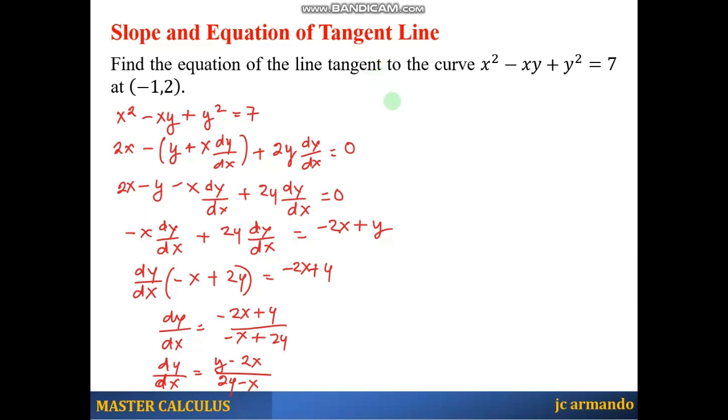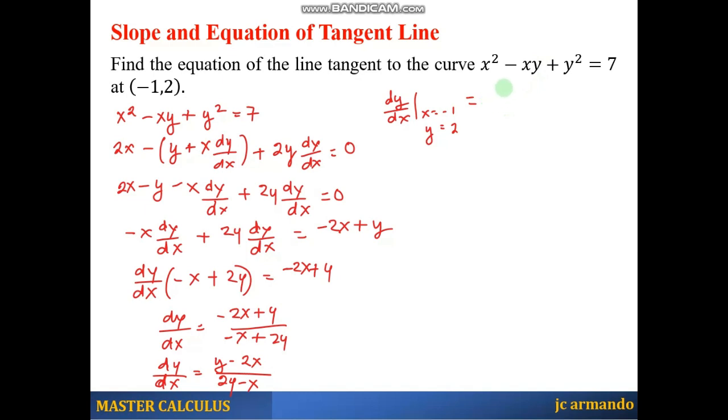So, ang slope is just dy dx at x equals negative 1. So, ang x-coordinate kasi is negative 1. So, substitute ng negative 1, then yung y naman is positive 2. Diba? So, substitute lang natin yun. So, anong y minus 2x over 2y minus x.